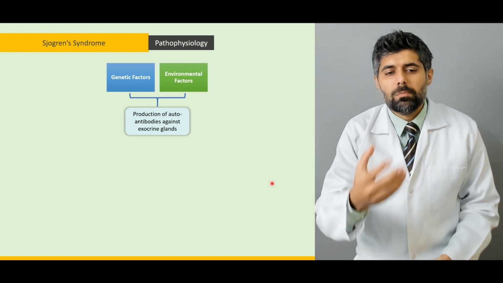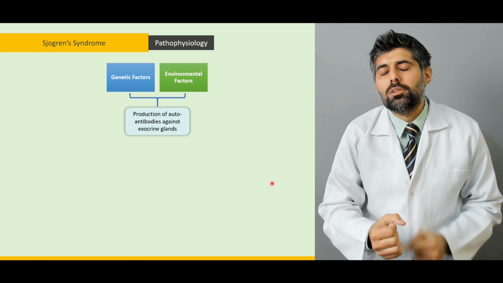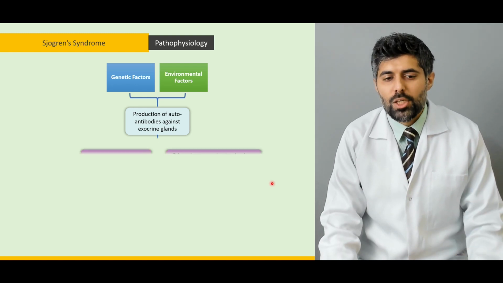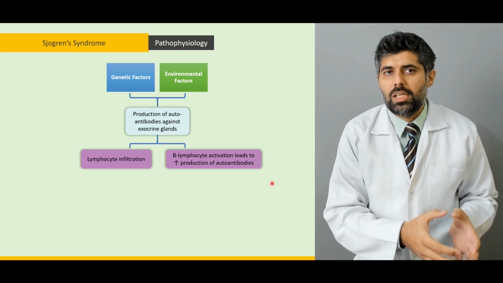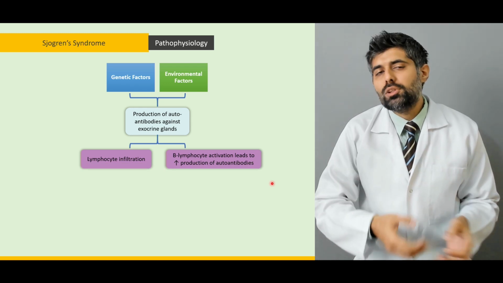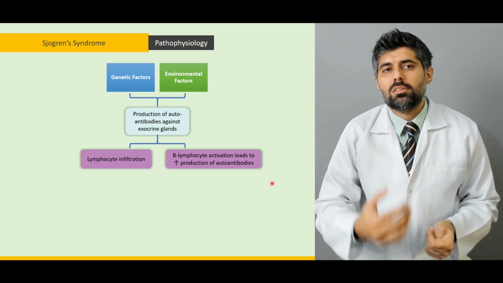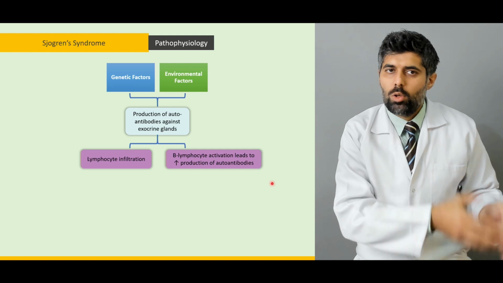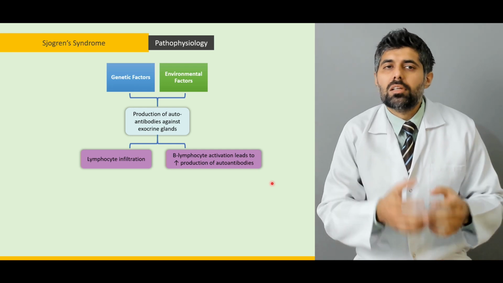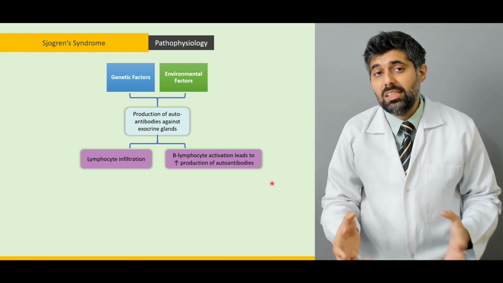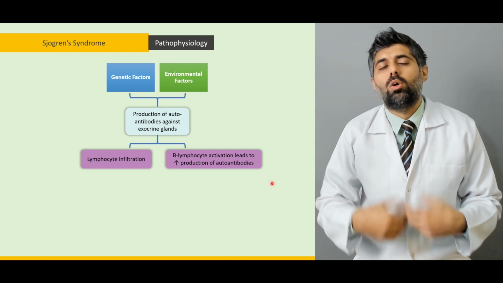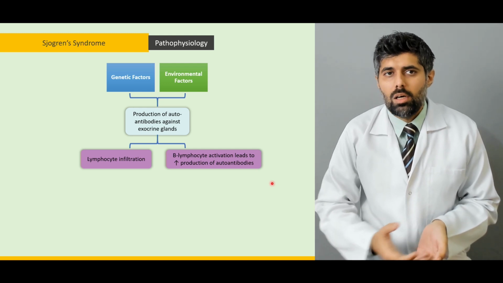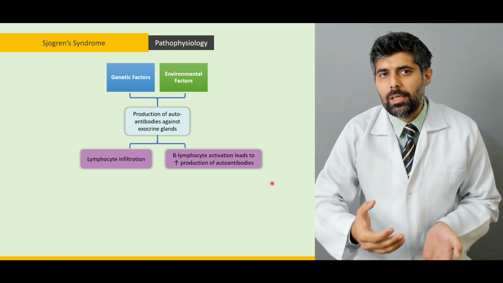So whenever these autoantibodies against the exocrine glands are produced, there is an increased infiltration of lymphocytes. Both B lymphocytes and T lymphocytes start to accumulate and infiltrate the tissue of these glands. As a result, glands start to both increase in size and also start to have reduced activity.